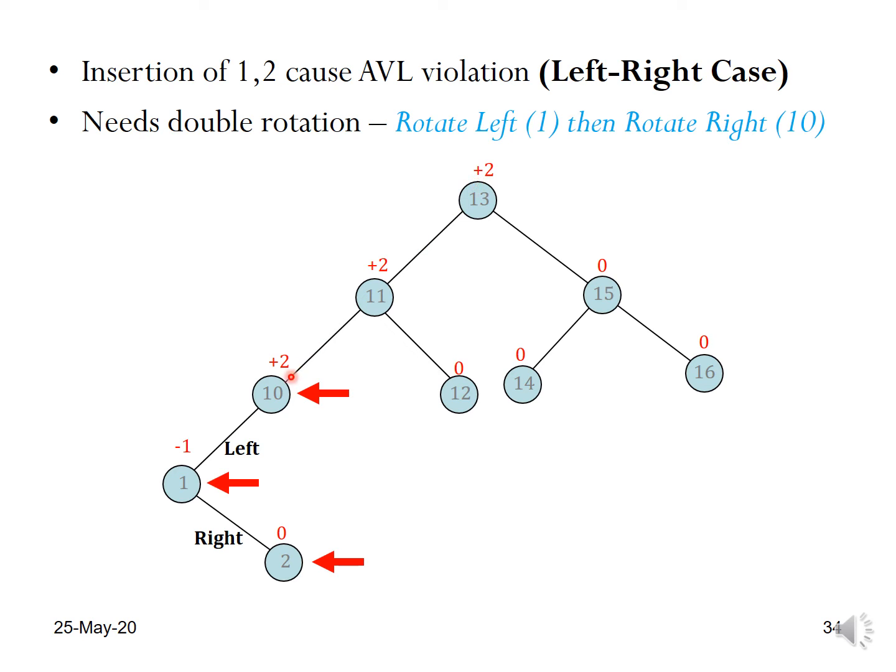So we can see three nodes with the balance factor plus 2, this is 1, 2 and 3. So this is imbalanced, this is not an AVL tree.